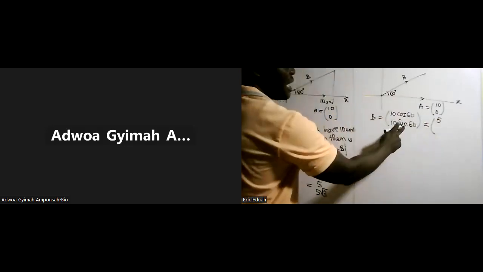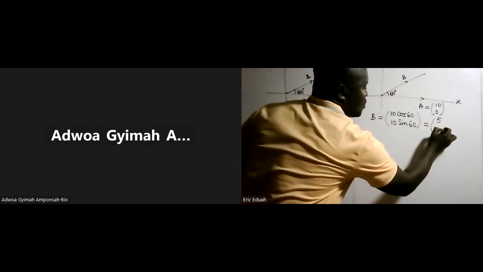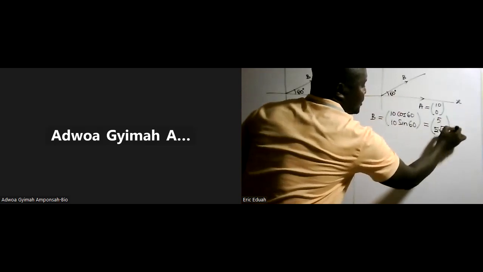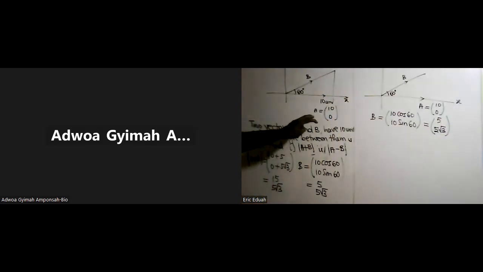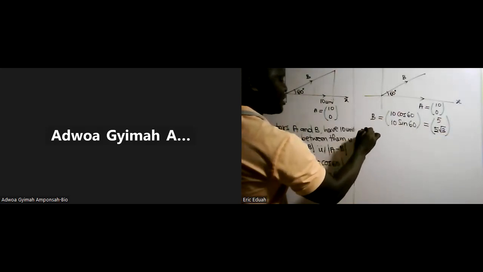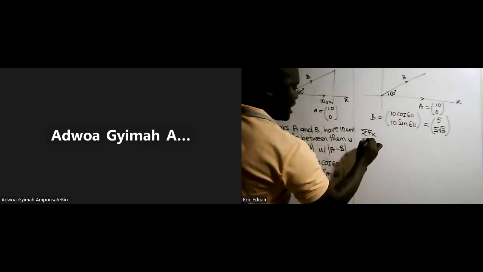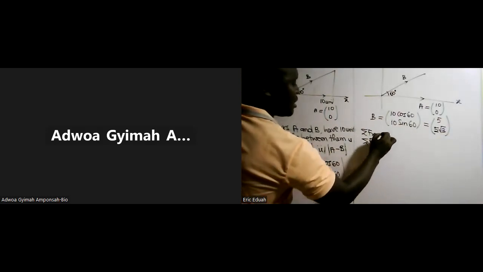So for B, cos 60 is half, so I have 5, and sine 60 is root 3 on 2, so 5 root of 3. Now I have A and then B. So let's find the summation of X and summation of Y, just as we've been doing.